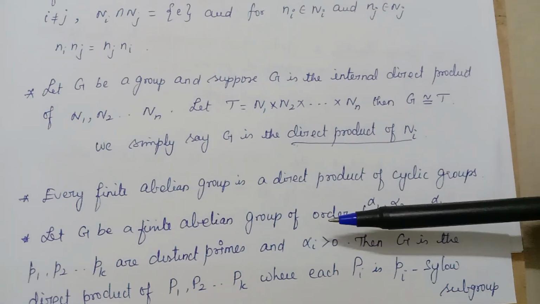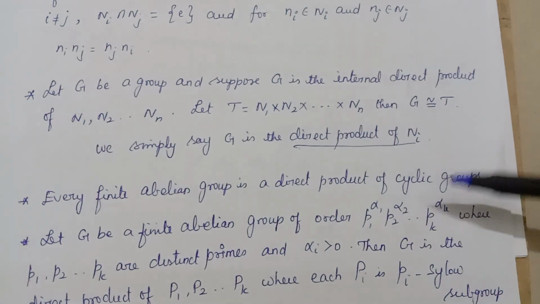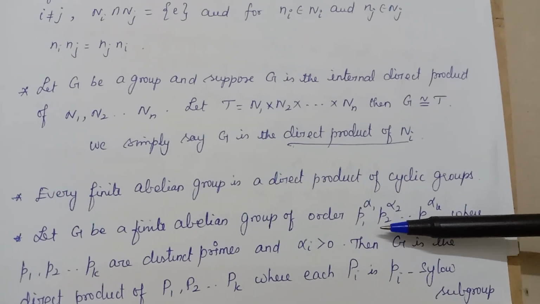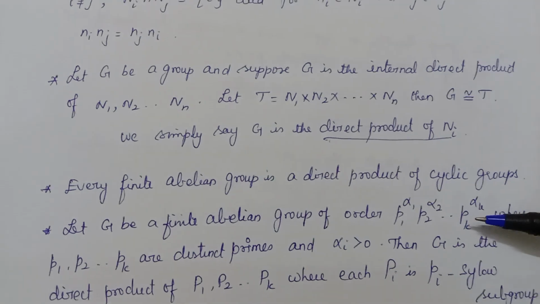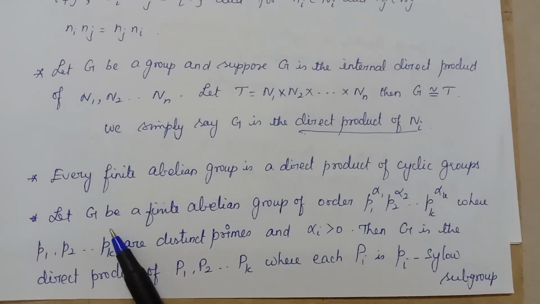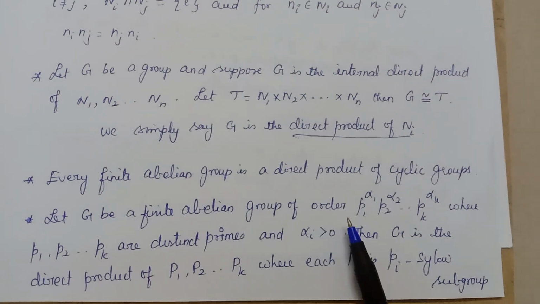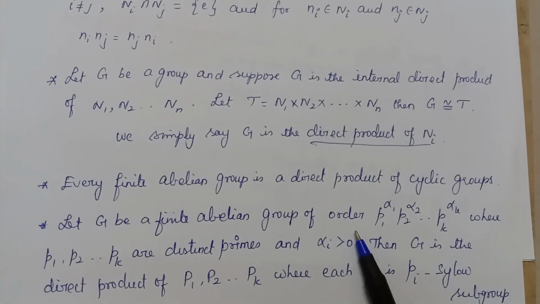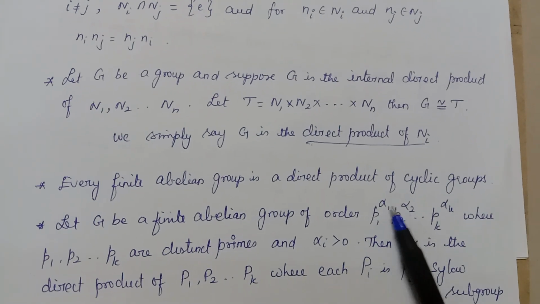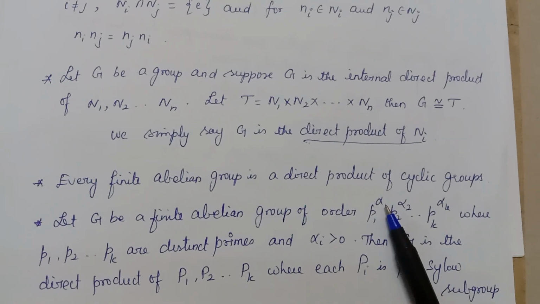See, if a group is of finite order, we can write its order as powers of distinct prime numbers, no? So take any finite abelian group and write its order as powers of distinct prime numbers. Then we know P1 power alpha 1 is a prime power which is dividing the order of G, no?